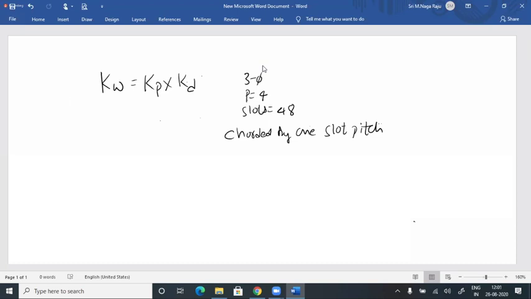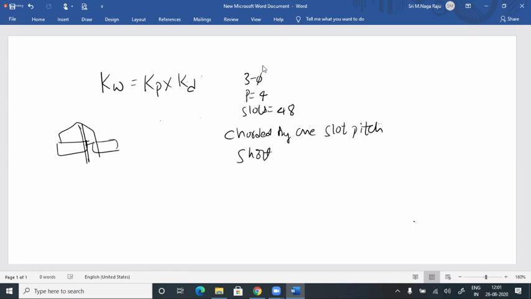Yes, it is short pitched. Why is it short pitched? It is chorded by one slot pitch. That means if this is the pole pitch, this is full pitch winding. But it says that it is chorded by one slot pitch, which means one slot before we have connected.